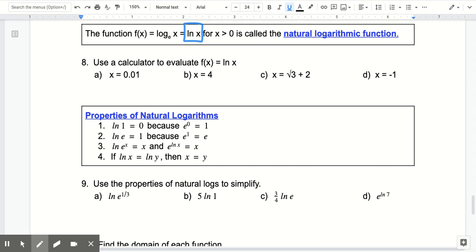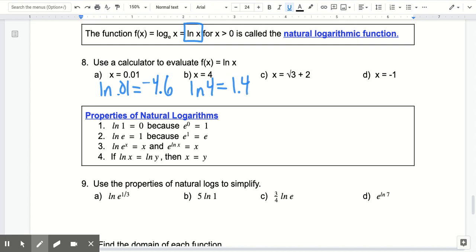So the first thing I want you to do is pick up your calculator, make sure that we can do these in the calculator. So find the natural log button. It should be over on the left-hand side. And you're going to take the natural log of 0.01, which you should get negative 4.6. And then we're going to take the natural log of 4, get about 1.4.